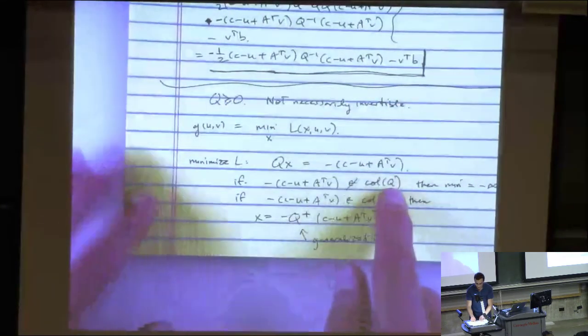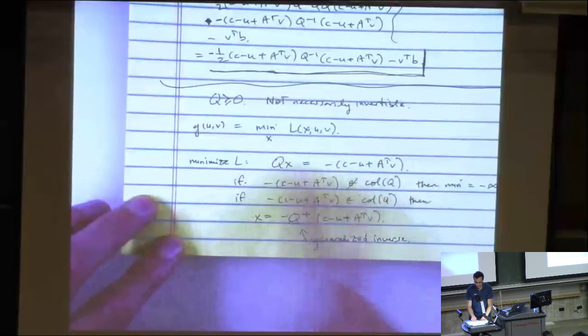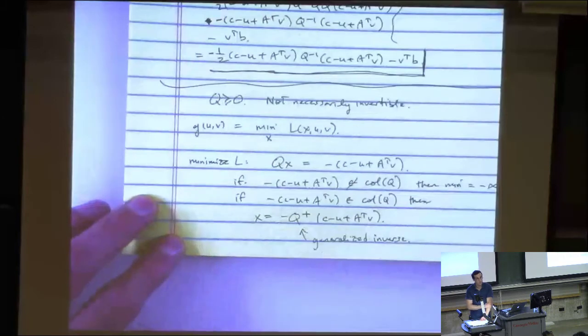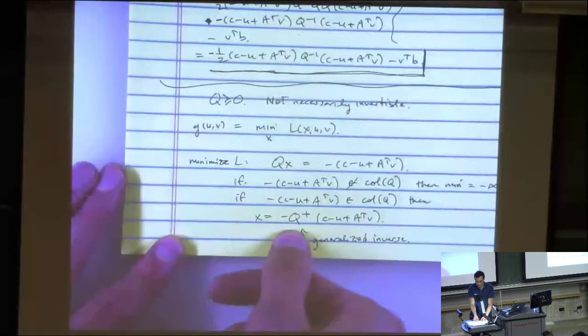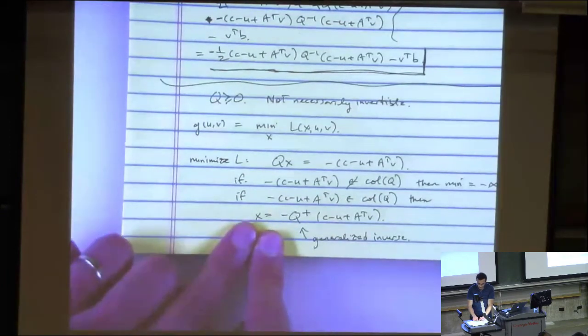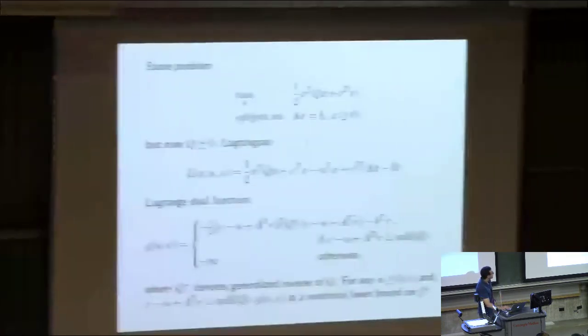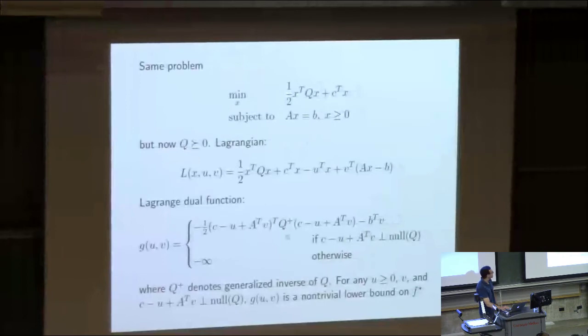When Q is singular and this is in the column space of Q, there are infinitely many solutions, and this is the minimum 2-norm solution. That's how the pseudo-inverse operator acts. If we plugged it back in, we would get the analogous quantity we got before, just with Q plus where we saw Q inverse.